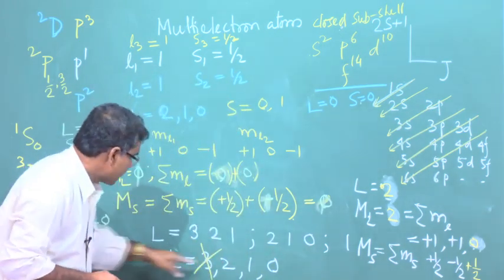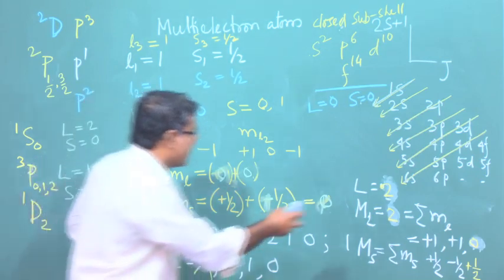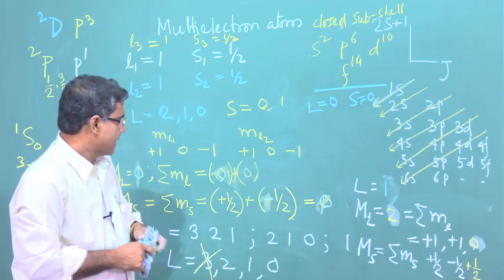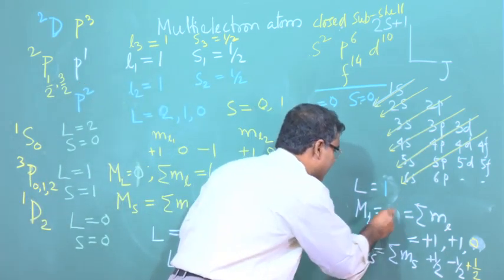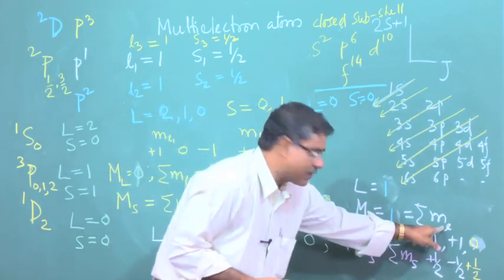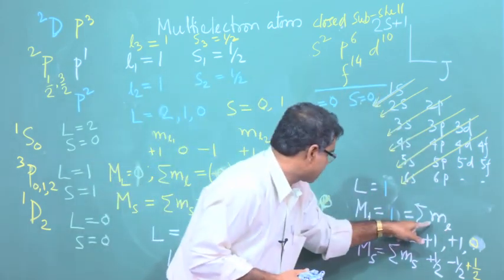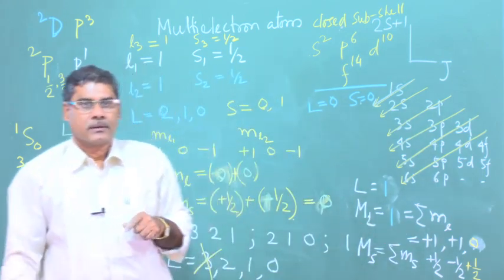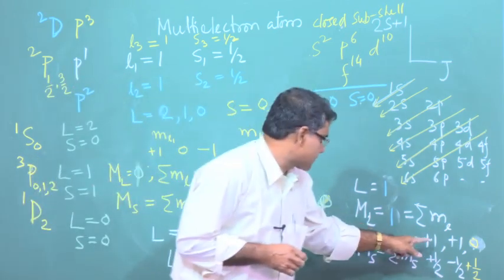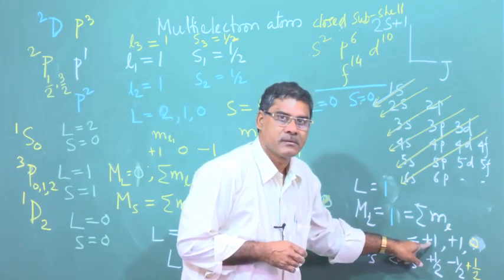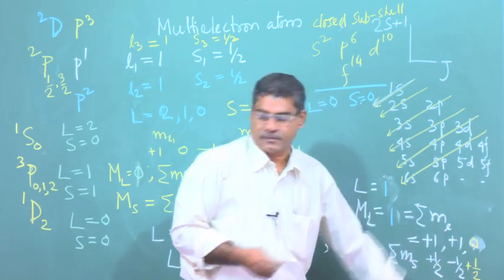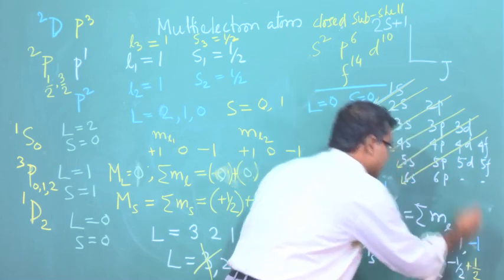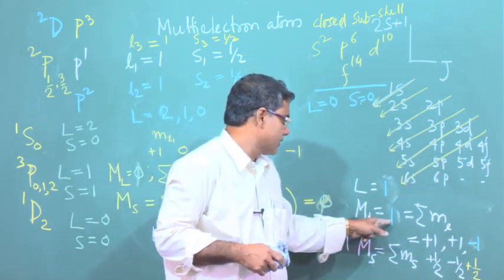Now if I take L equal to 1, then the maximum ML value will be 1. So how can I get the sum over ML? I can get plus 1, plus 1 and minus 1, which gives ML equal to plus 1.